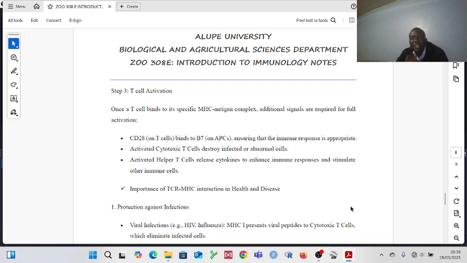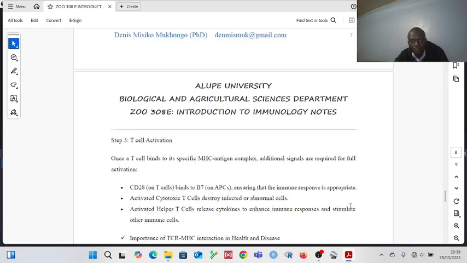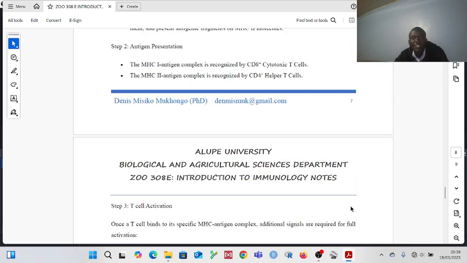So once a T cell binds to its specific MHC antigen complex, there will be some additional signals for full activation. Okay, so for the MHC class 1 with its antigen from the intracellular infections, once they bind to its T cell, then an additional signal is required before that T cell is fully activated.